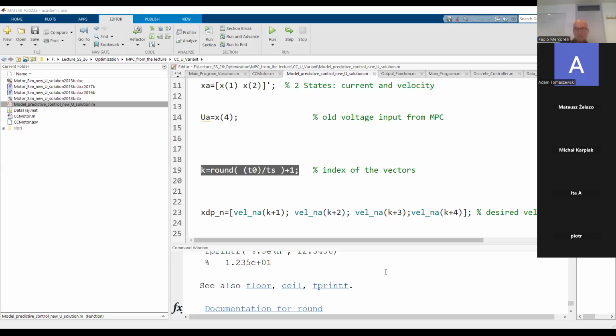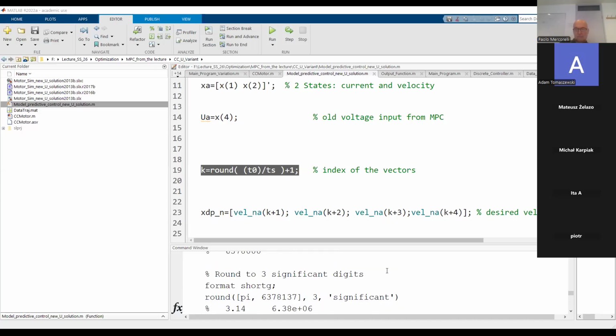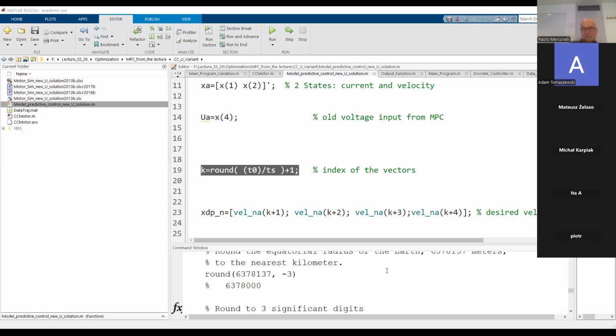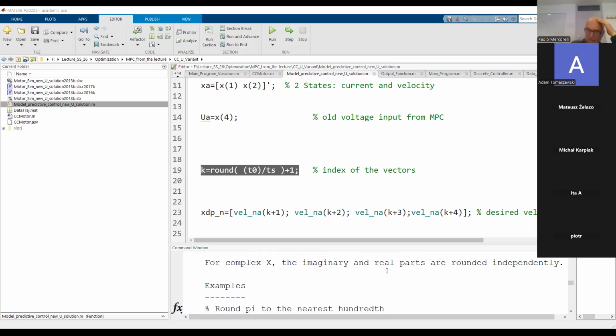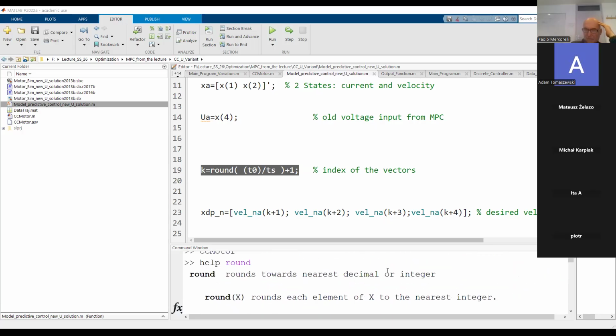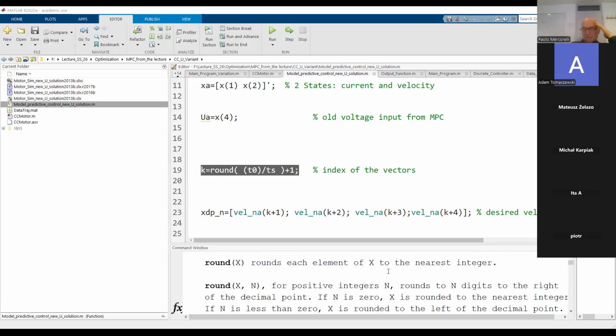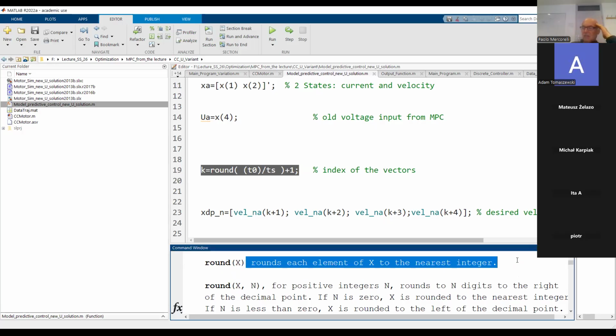It rounds to the nearest integer. Basically, under 0.5 is 0, and starting from 0.5 is 1.